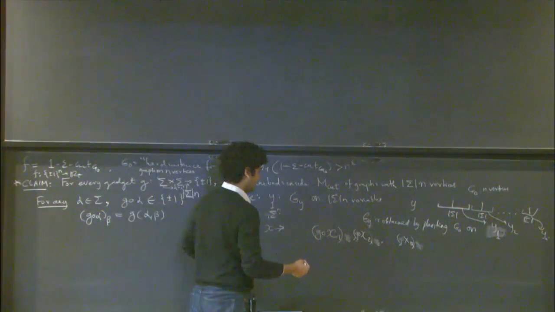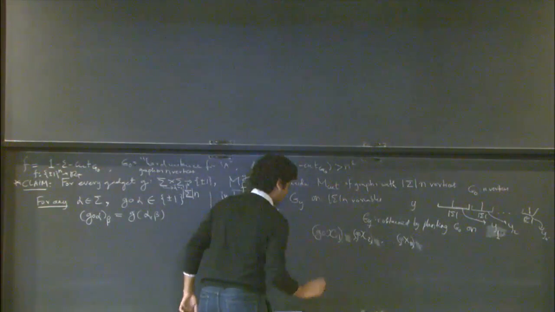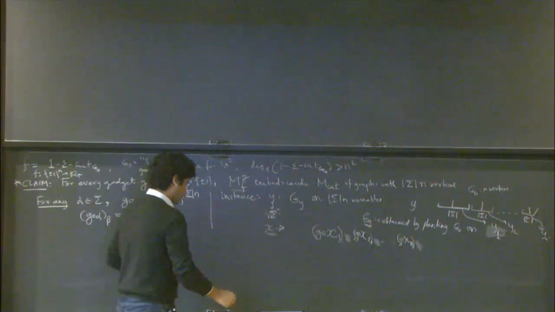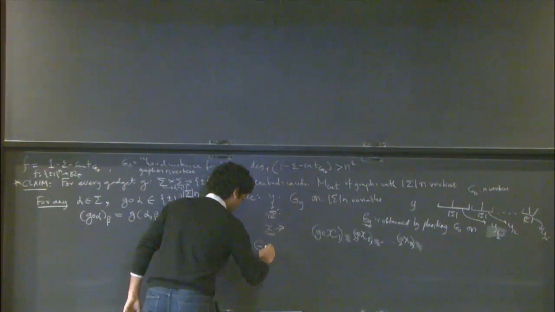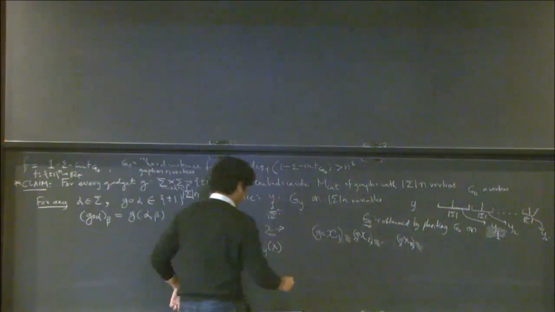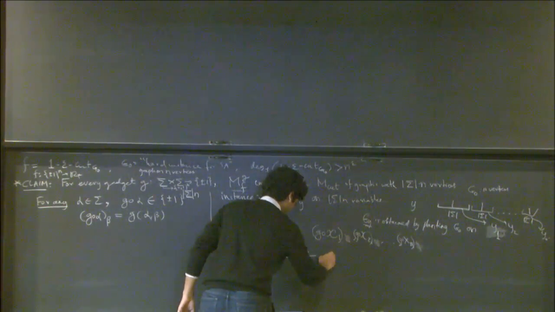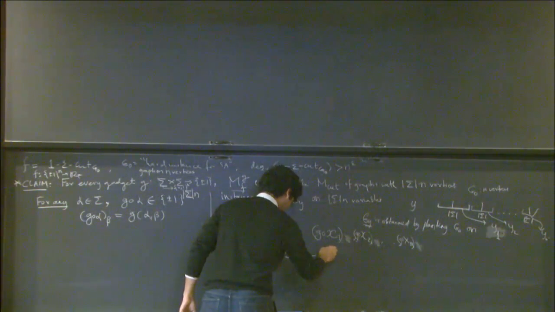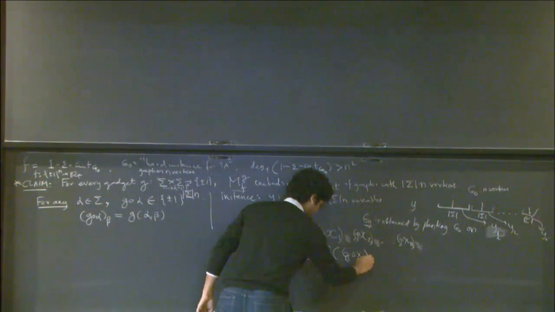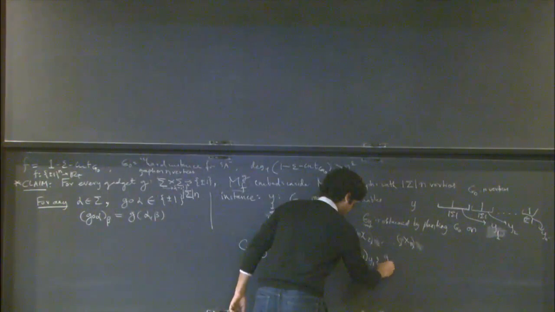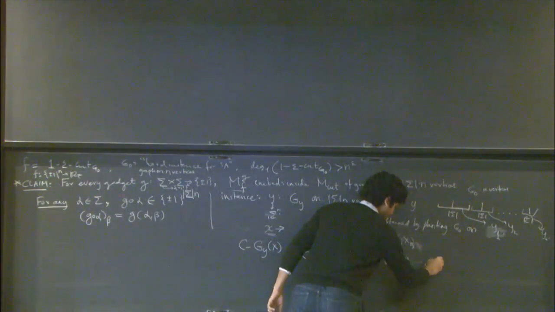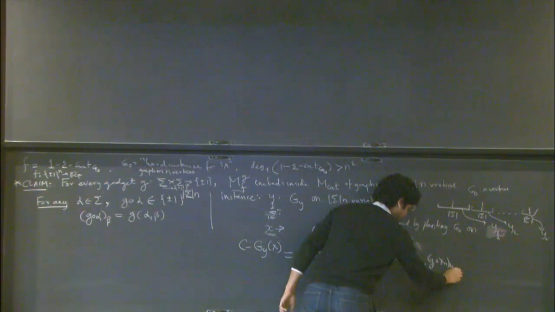So x maps into this string, this instance maps into this gy, and now I need to compute what happens to the cut value, like the function value. That just equals c minus the function f applied to g x1 y1, g x2 y2, and so on up to g xn yn.